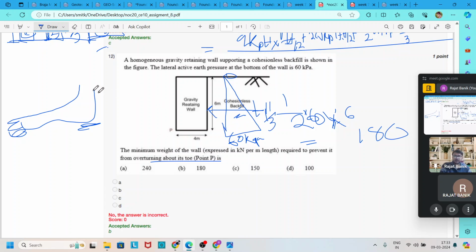If we draw properly here, this is the wall, and the total active thrust PA is acting at a height h by 3 from the bottom.